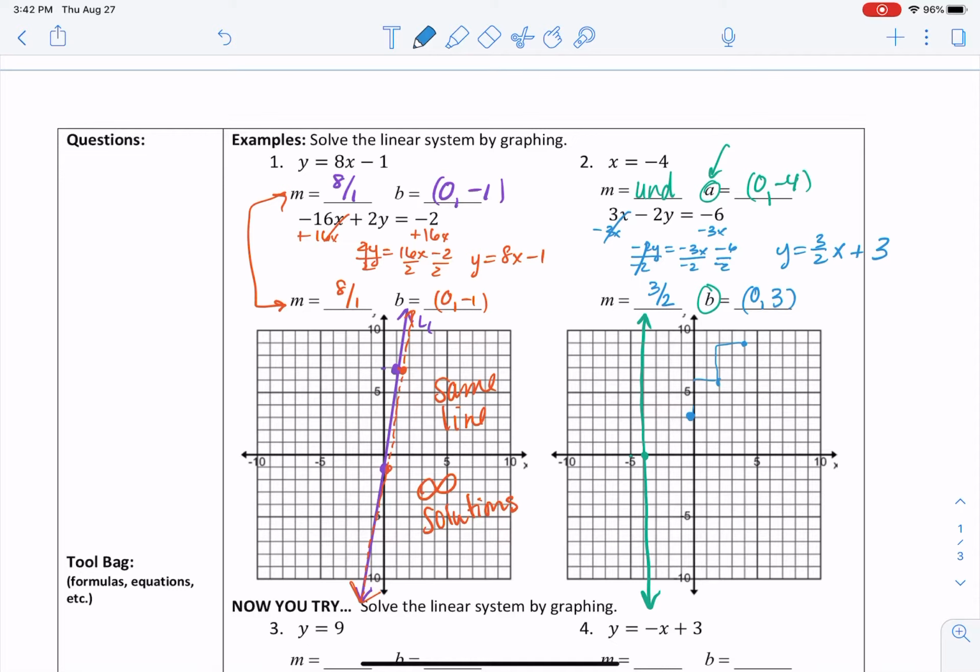I don't like that line. Down 3, right 2, down 3, right 2. So what's the name of this point where the lines intersect? So the solution is -4, -3. -4, -3.